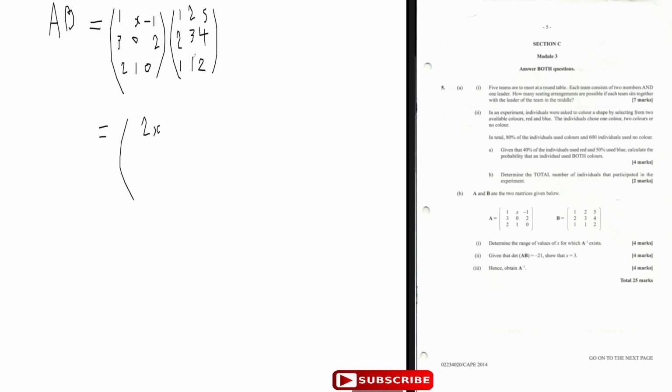Then row times this column is 2 plus 3x minus 1. But 2 minus 1 is 1, so it's really 1 plus 3x. Then row by column, this column becomes 5 plus 4x minus 2. But 5 minus 2 is 3, so it becomes 3 plus 4x.